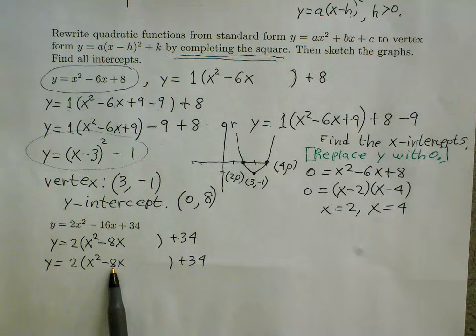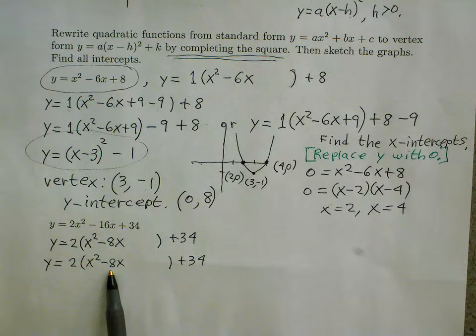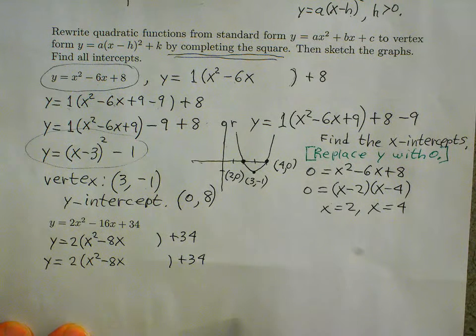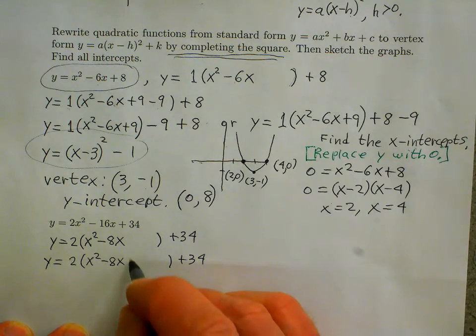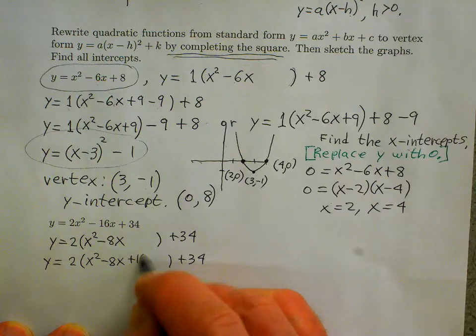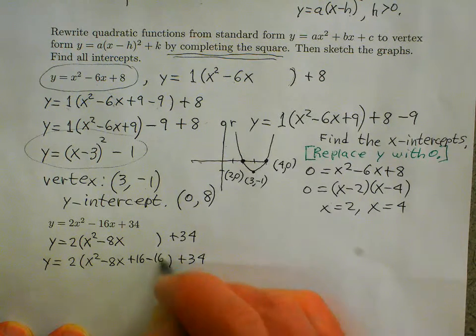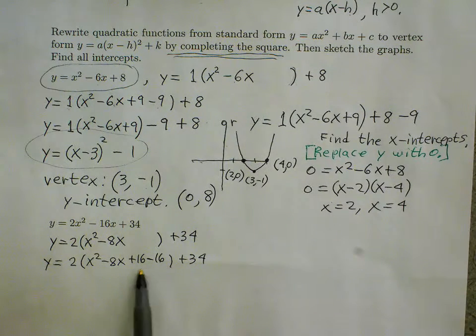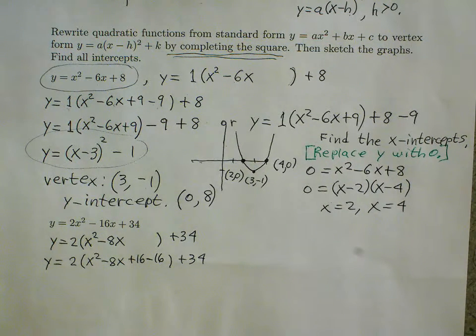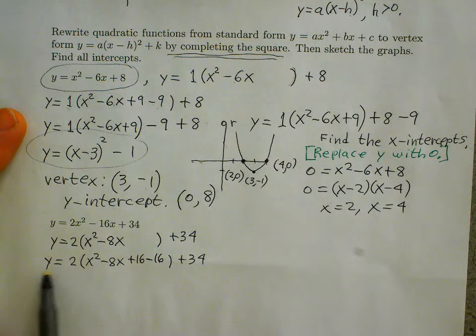So we take half of negative 8, which is negative 4. Then we square negative 4, which gives us positive 16. So we write plus 16 minus 16. We're just adding 0. So we're not changing the meaning of the function, we're just changing the form of the function.